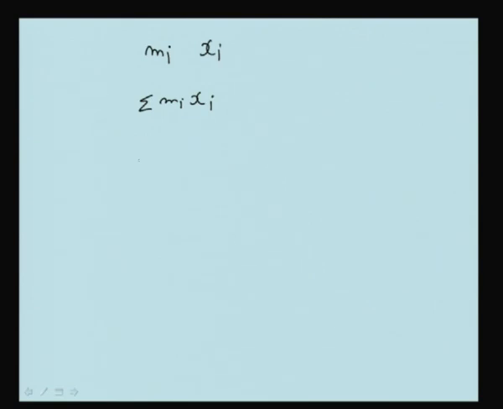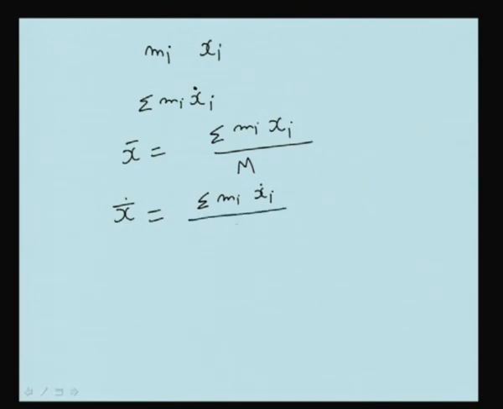We also have the mass center x bar equal to sigma mi xi divided by mass m. I can differentiate both sides with respect to time and get x bar dot equal to sigma mi xi dot divided by m.